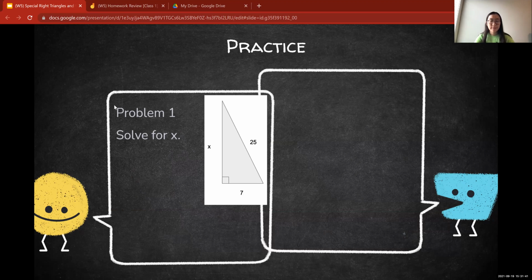Problem 1, solve for x in the right triangle shown. Type your answer in the chat once you've finished.